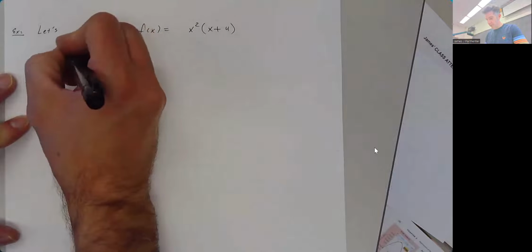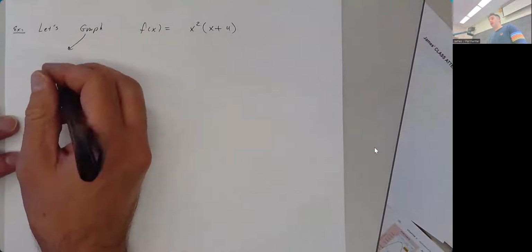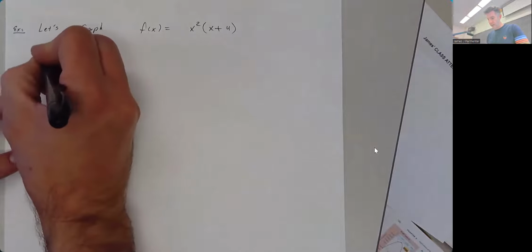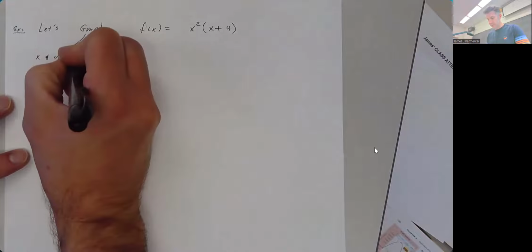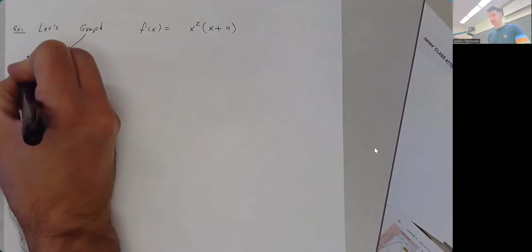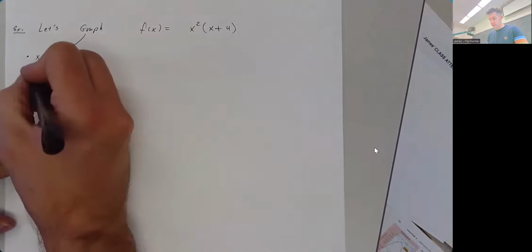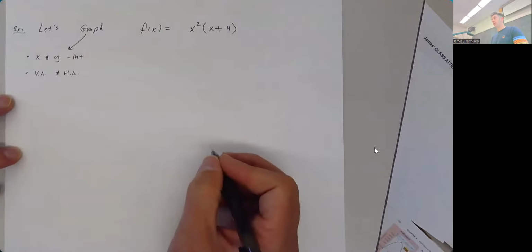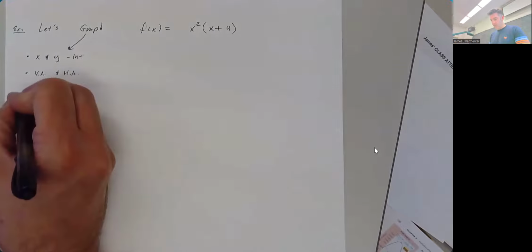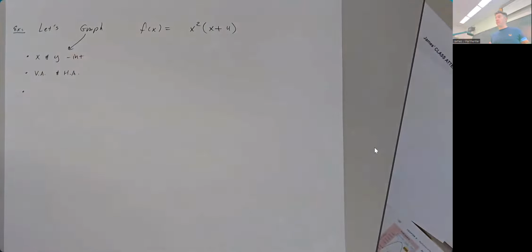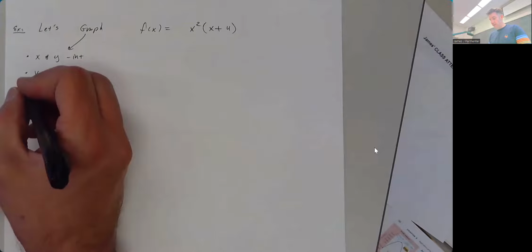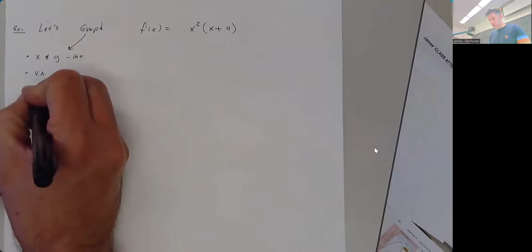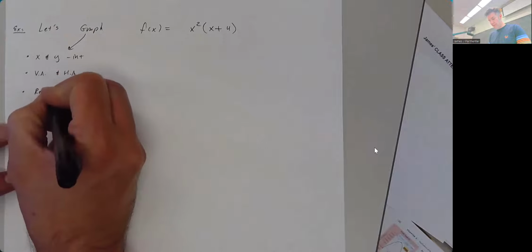So specifically graphing, they're going to expect you to find the x and y-intercepts, any asymptotes, so vertical asymptotes and horizontal asymptotes. What I typically refer to as the first derivative stuff, meaning find any critical points and relative extrema.